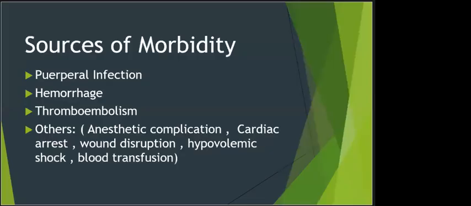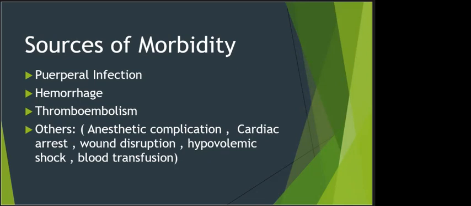What are the sources of morbidity in cesarean section? Puerperal infection, especially if the patient had premature rupture of membranes and there's already infection, could be a source of morbidity when there's already chorioamnionitis. So it would result in peripheral infection, hemorrhage, thromboembolism, other anesthetic complications, high spinal anesthesia.